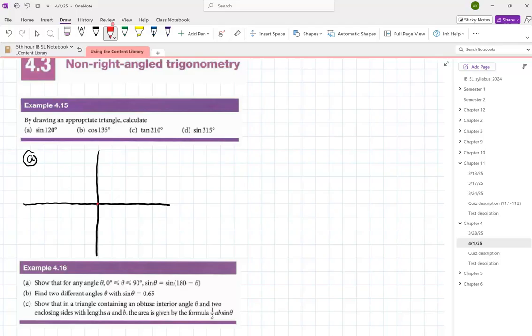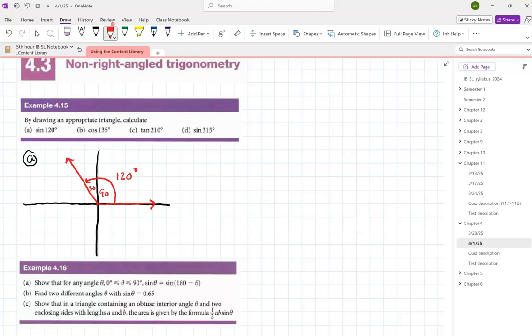If I want to draw a 120 degree angle, I know that the initial side starts on the positive x-axis, and we rotate from that initial side counterclockwise 120 degrees. So it looks something like this, right? Where that section is 90 and that section would be 30.